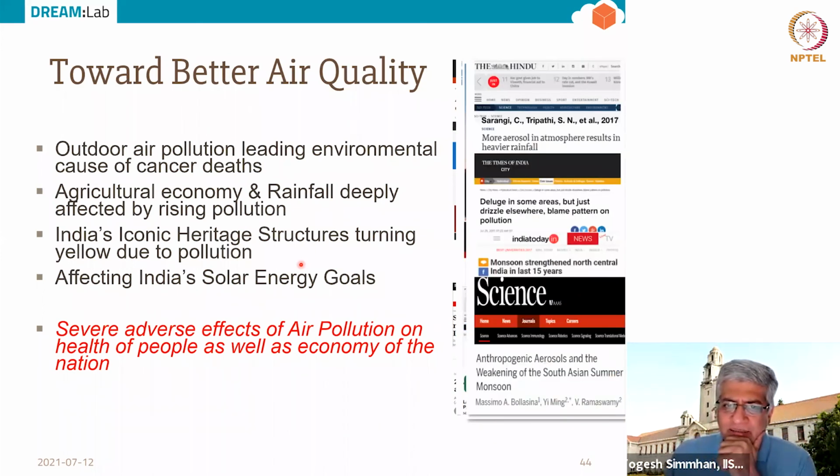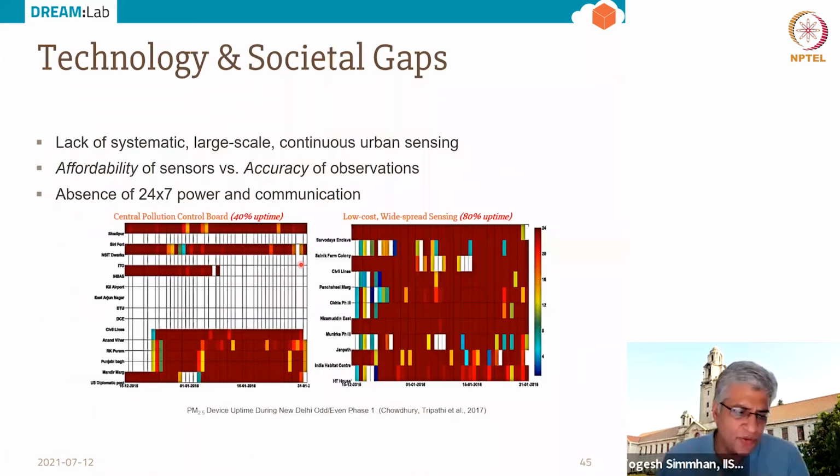Given this, the goal of this project was to see if we can use affordable, low-cost, IoT-based technologies at large scales to have a better information-driven approach to air quality monitoring and eventually policy making, to improve the air quality, right?